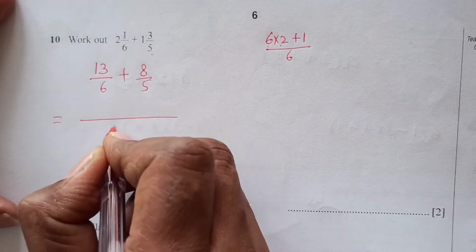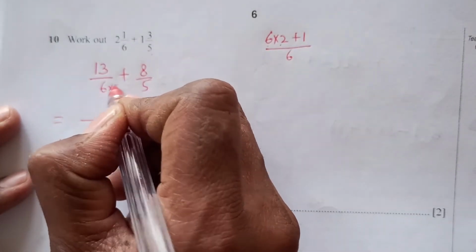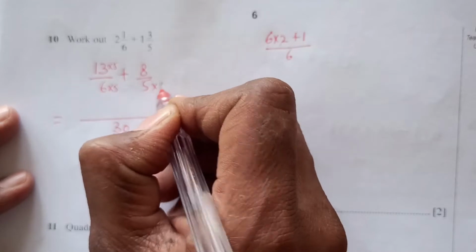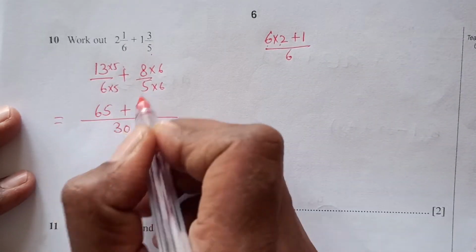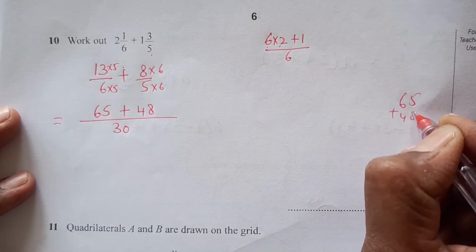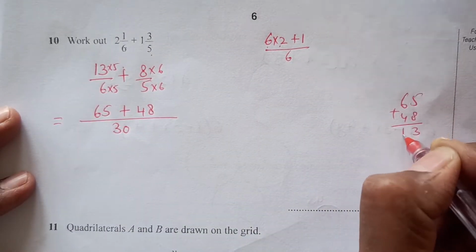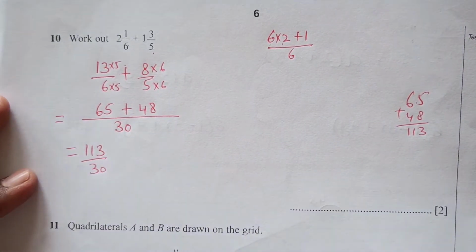Now the LCM, 6 times 5 is 30. So we want to make this 30. So times 5 here, times 6 here. 13 times 5, 65, 48. So 65 plus 48, 113 over 30. Right?